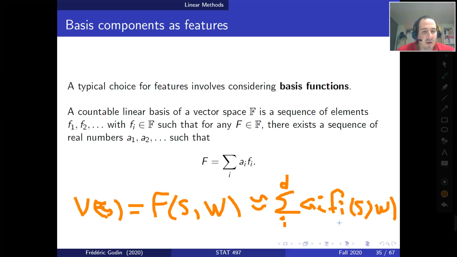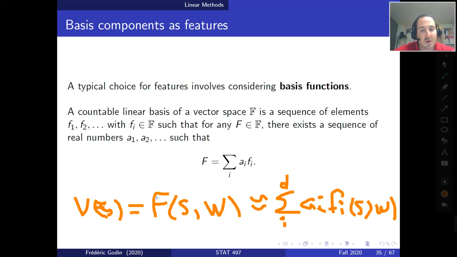We could have sines and cosines in that linear combination. The value function can be very complicated, but often very complicated functions can be represented as linear combinations of more simple functions if the set of simple functions is a basis of a vector space in which the value function is contained.